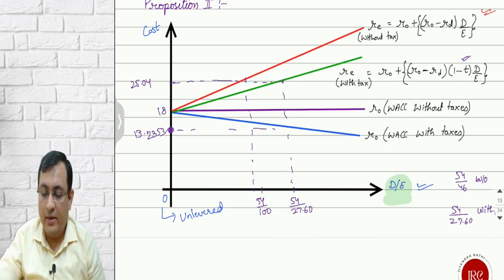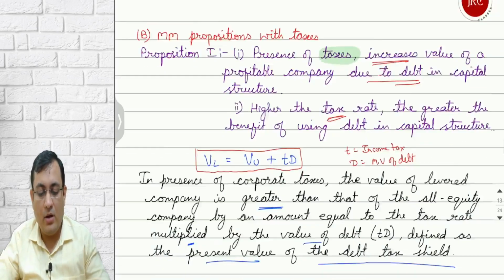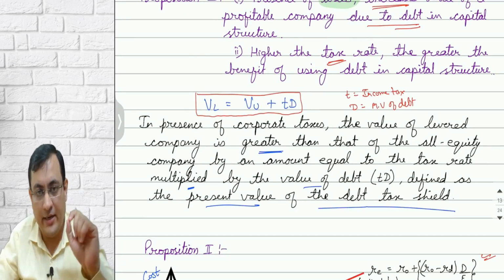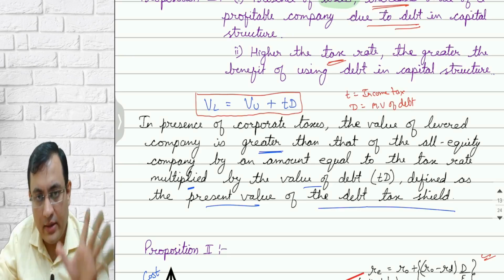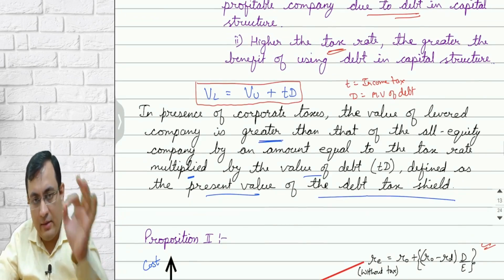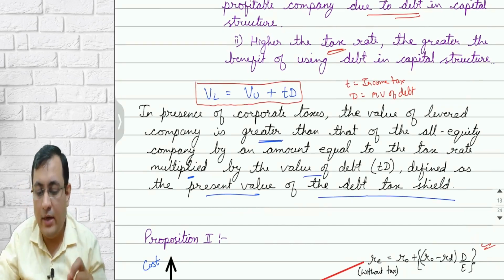So hopefully everyone understood. The theory with taxation says that because of the presence of taxation, your debt will generate a tax shield, which will increase the value of the levered firm, and your WACC will come down because of the benefit of the tax shield, where VL is equal to VU plus T multiplied by D. How to calculate VU?